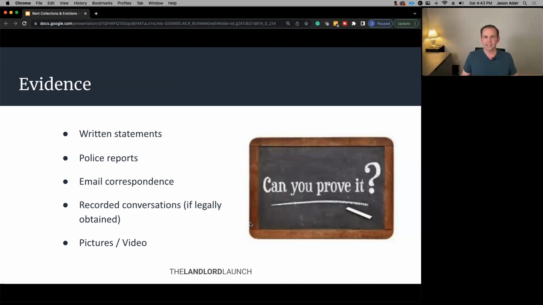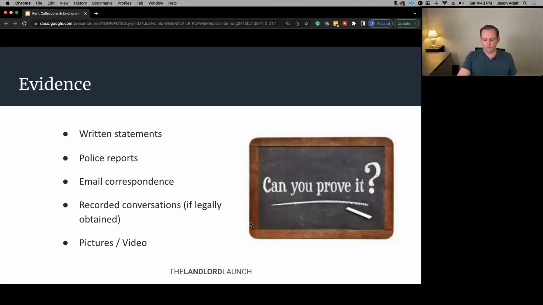I'm not convinced that they actually have this animal there, or that this is your house, or that they didn't know they were supposed to have an animal, whatever the case may be. They may say, yeah, you violated all these things. I'm going to give you 14 days to get this dog out of there. And if you don't do it, then we're going to reschedule a hearing, and then I'm going to tell you you're going to have to leave. They may give him more time. Who knows? I mean, it really depends on where you live, but you want to have as much as you can, just foolproof as possible.